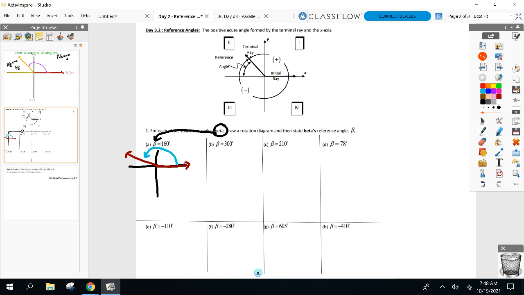The remaining x-axis and the terminal side. There's your reference angle. I'm putting mine in yellow. If you guys have highlighters or don't care for my colored pencil, go right ahead, use what you want. So there's the reference angle.